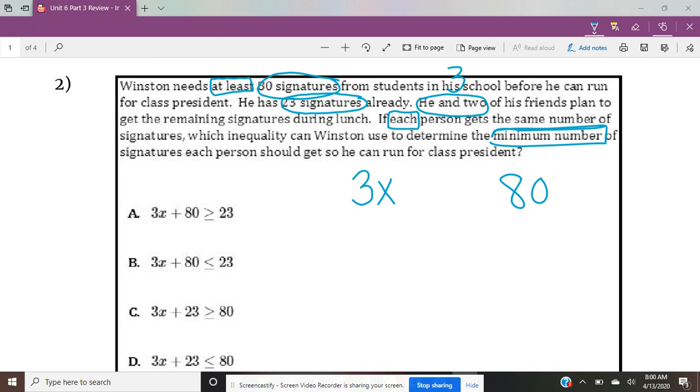Okay. So remember, we can always say what we are talking about. So x equals signatures. Okay. So each person gets x signatures, and that is added to the 23 we already have. Minimum means we can get 80, but more would be better. So greater than or equal to. These are all already written this way, so now we just have to match our answer. So the solution, again, is C.